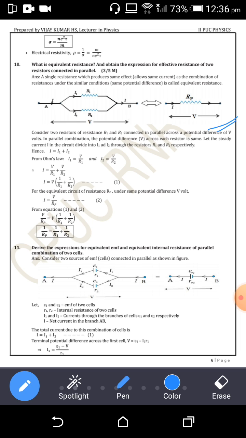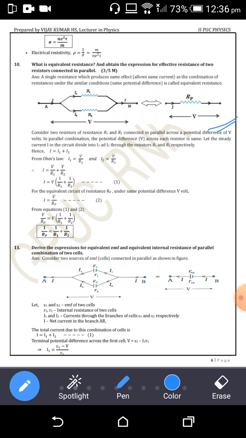Next, if the two resistors are replaced by a single equivalent resistor, the current through that equivalent resistor can be expressed as I is equal to V divided by R subscript P, which is equation 2. Compare equations 1 and 2. So V divided by R subscript P is equal to V into 1 by R1 plus 1 by R2.